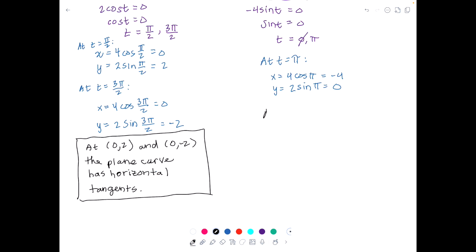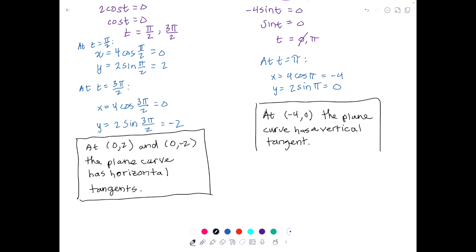So at negative 4, 0, the plane curve has a vertical tangent. Now, if that 0 had been included, we would have had 2 points, which I kind of suspect normally it would be, but that's okay. We'll go with the open interval.